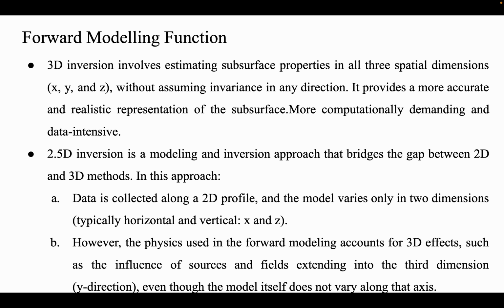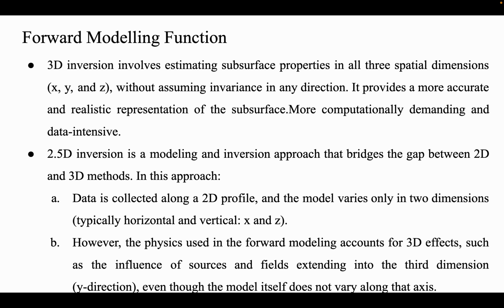The forward modeling function will take into account all the physics in all the directions, so we have 3D wave propagation studies for that. Then there is one thing called 2.5D inversion. In this case, the modeling and inversion approach is bridging between 2D and 3D methods. Data is collected along a 2D profile.